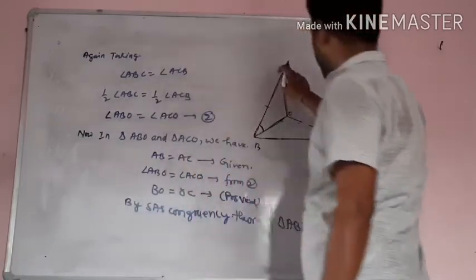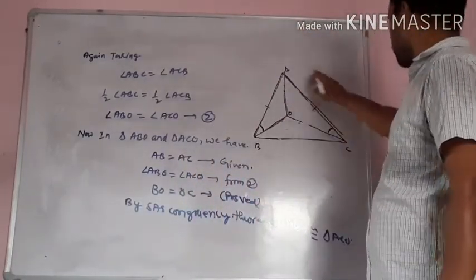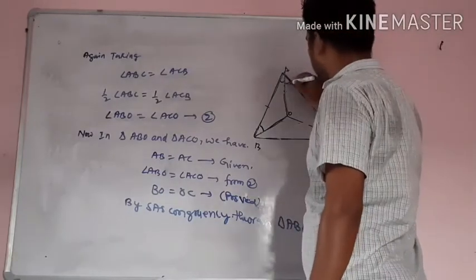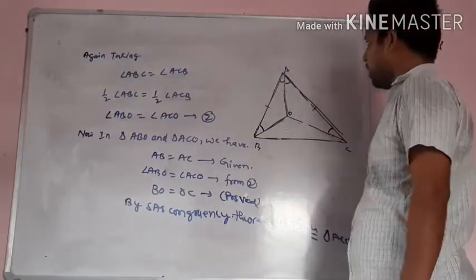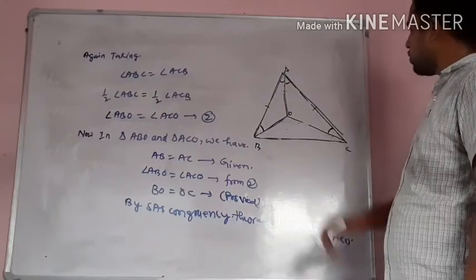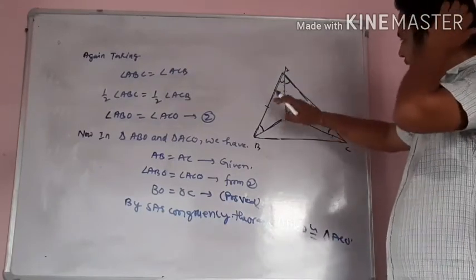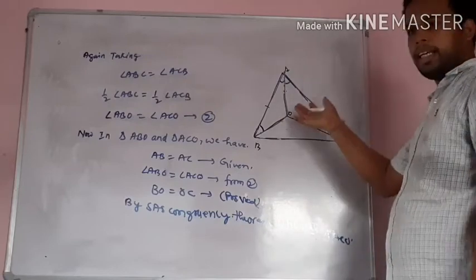Now we have proved that triangle ABO is congruent to triangle ACO, which means this angle will be equal to this angle. Yes or no? This angle will be equal to this angle. So when this angle is this, then double of this angle will be angle A.